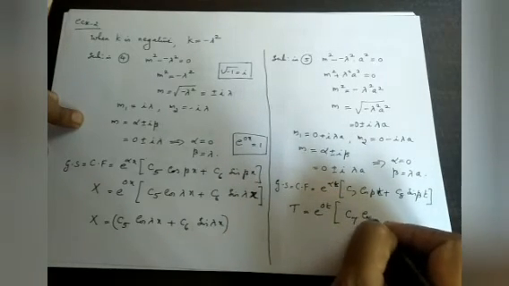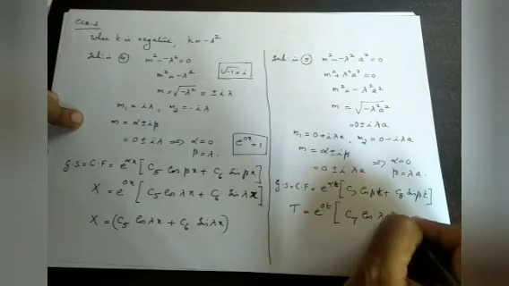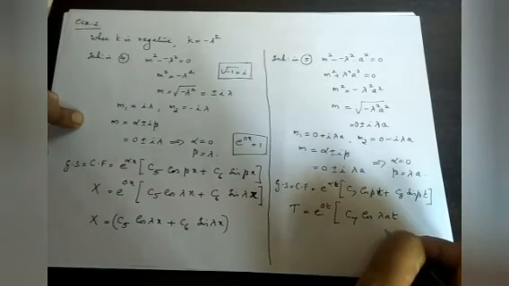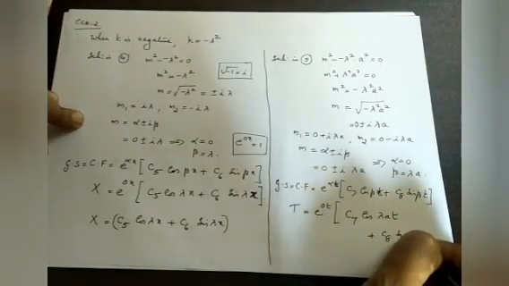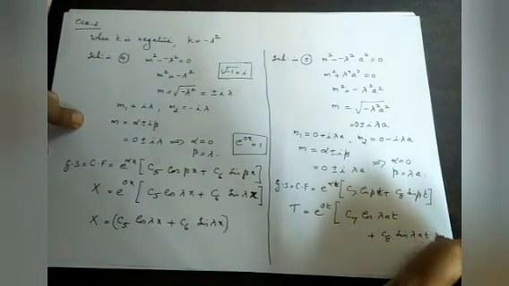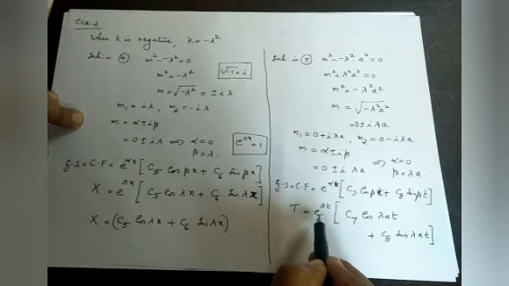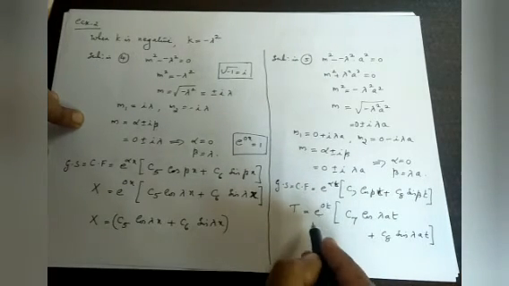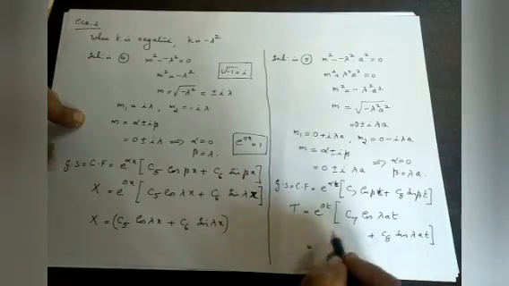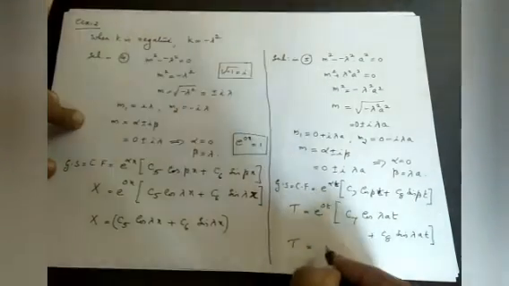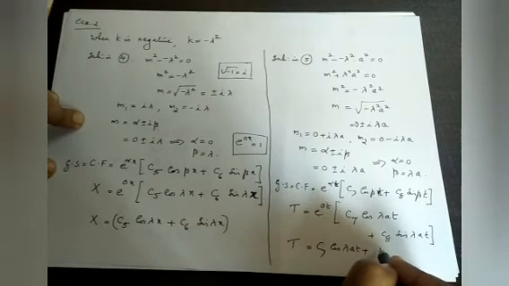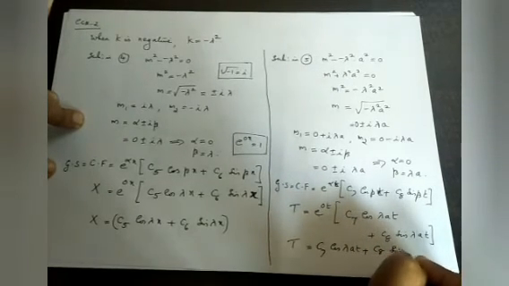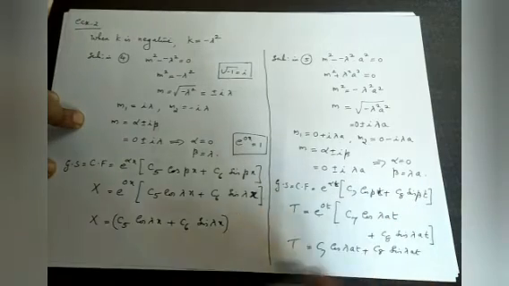C7 cos beta, which means lambda a into t, plus C8 sin lambda a into t. Here also instead of e raised to 0t we can apply 1. Therefore 1 into this becomes the same, that is C7 cos lambda a t plus C8 sin lambda a t.